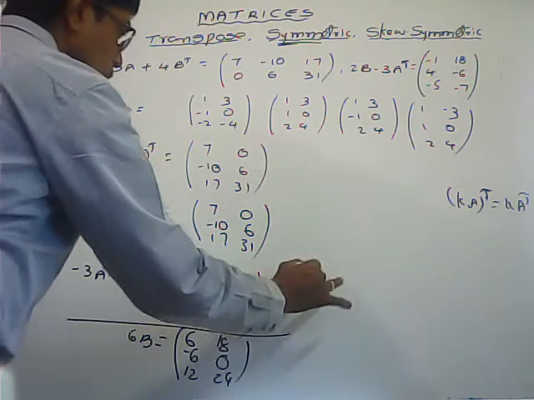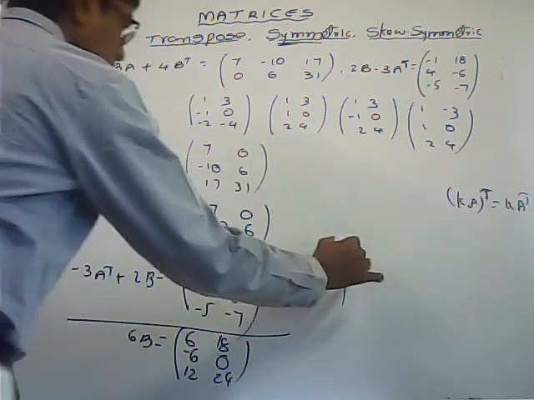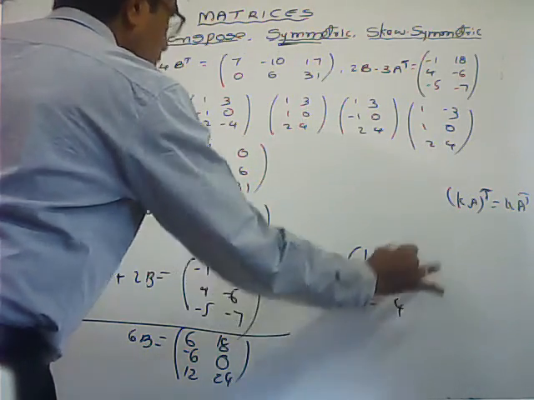Now B is equal to, dividing each element by 6, one by 6 into that one, scalar multiplication, every element should be multiplied by 1 by 6. Then we can get 1, 3, −1, 0, 2, 4.